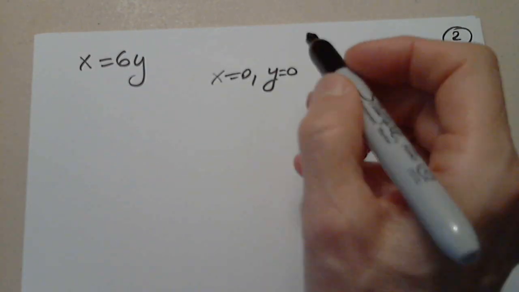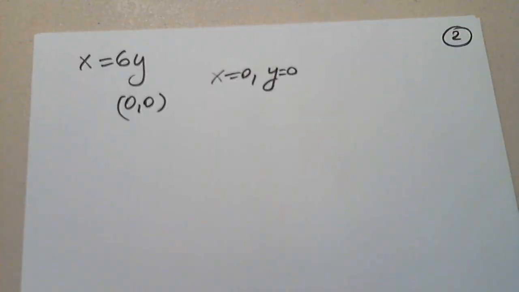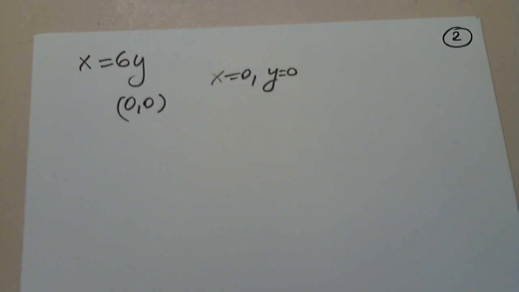Exactly. So both the x and the y intercepts, they're both the same point. You cannot find the second one. They cross the x-axis and the y-axis at the same point, the origin. And that's it. Good.